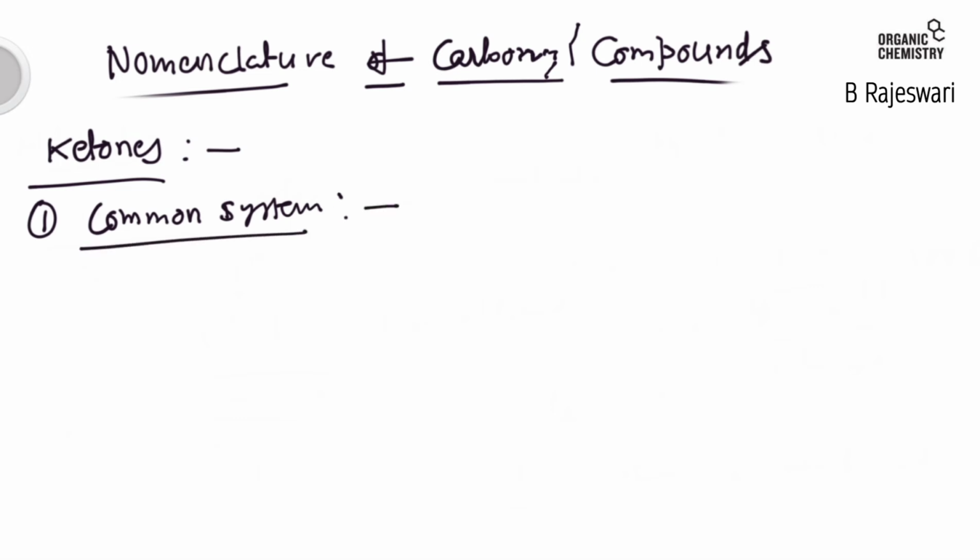In this method, the names of ketones are obtained by adding the word ketone to the names of the alkyl groups attached to the carbonyl group. So, for example, if two methyl groups are linked to the carbonyl group like this, then this compound is known as dimethyl ketone.